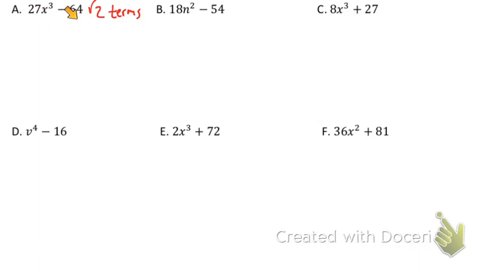So this is a perfect cube. So now we're going to go ahead and factor it using the perfect cube pattern. I also forgot to mention that this term is a perfect cube, but we also got to check if the second term is a perfect cube. And once we realize it's a perfect cube, we can then go ahead and do the perfect cube pattern.